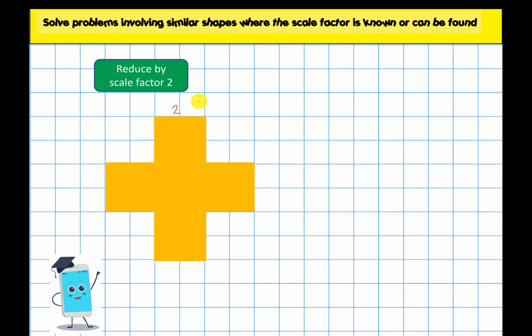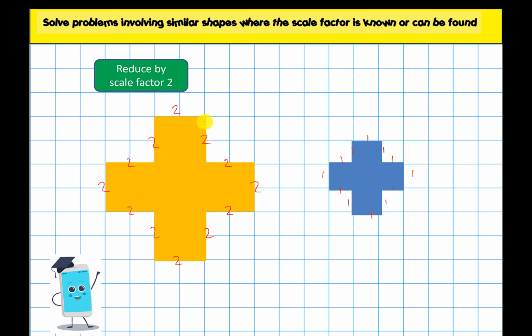Let me label each of these sides. And actually each side of my cross is 2. If I'm going to reduce each side, the new shape will have all of the sides as 1. So here we can see 1, every side is 1.